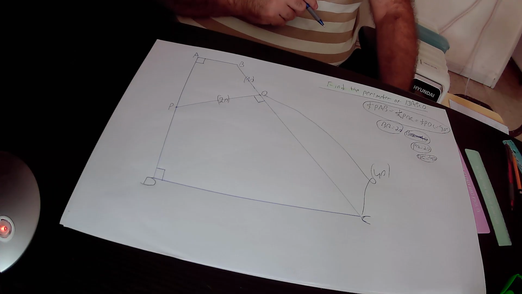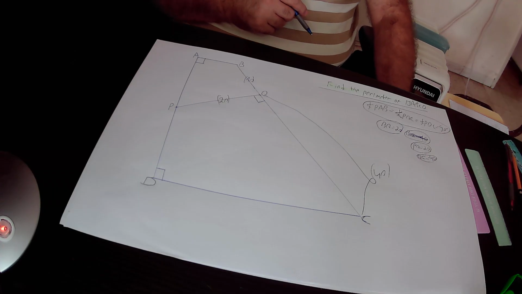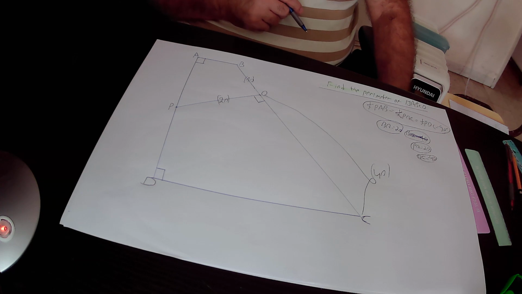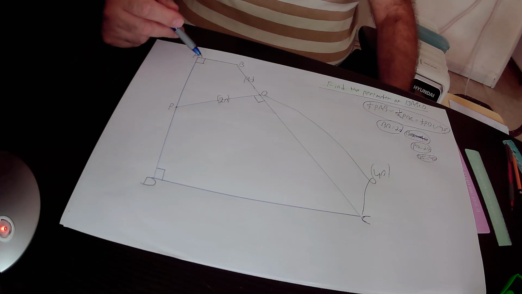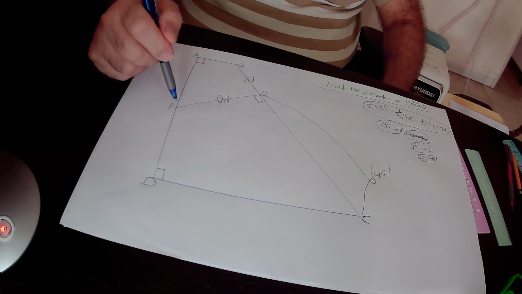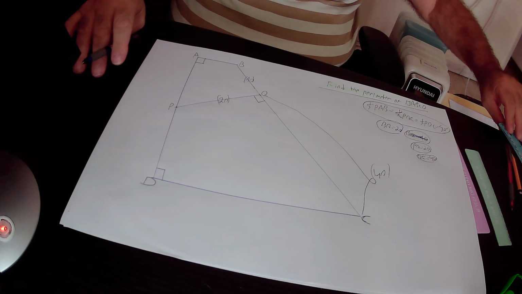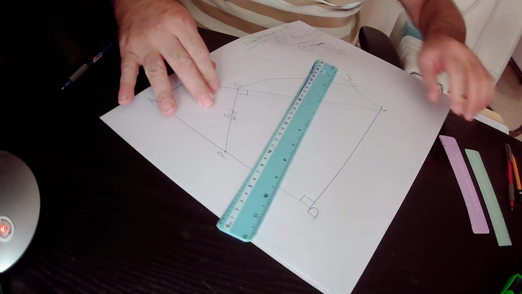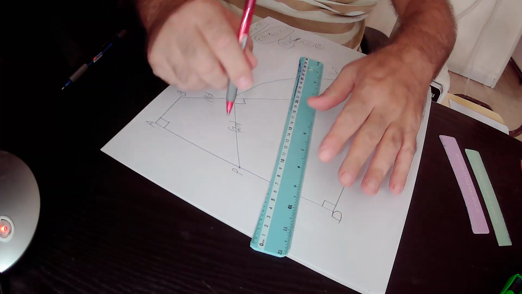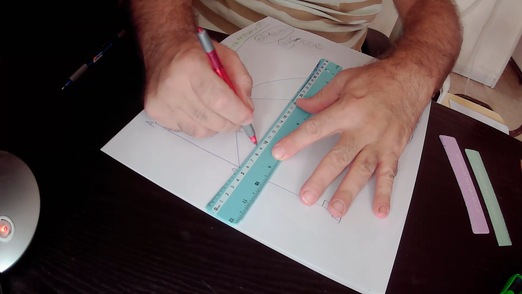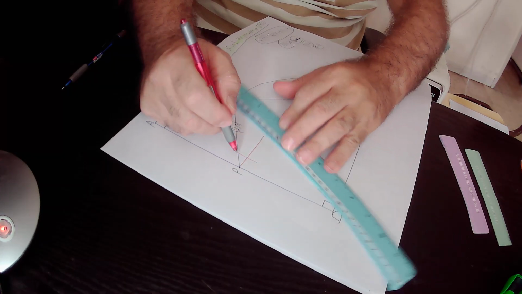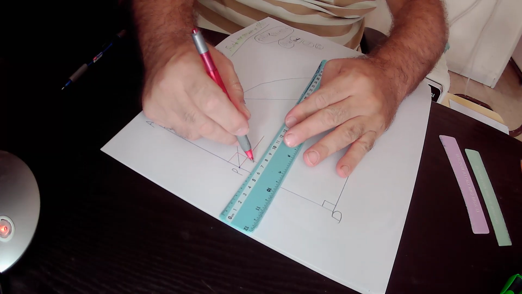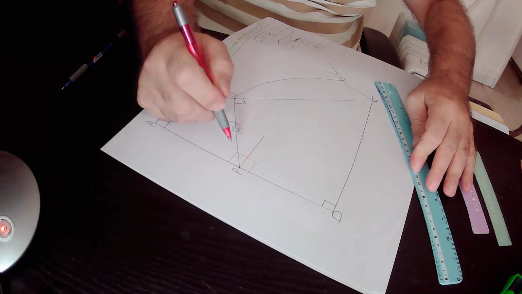So first of all, we will do a construction. That is to say, we will draw a perpendicular on AD at point P. So actually, this angle equals 90 degrees, and this angle also equals 90 degrees according to our construction.